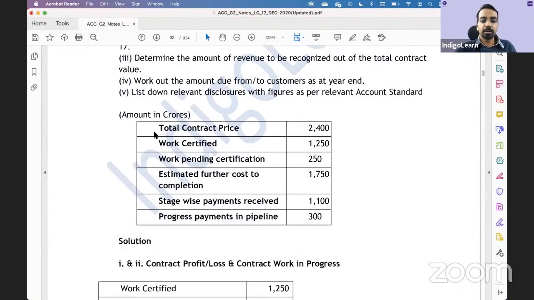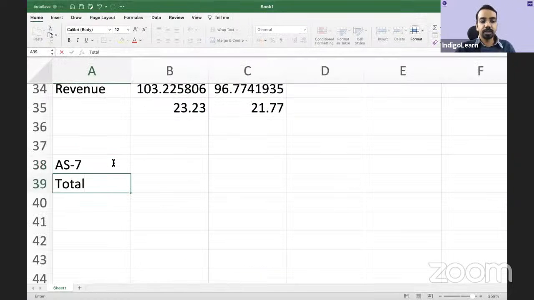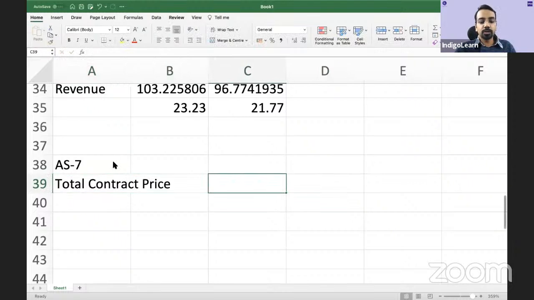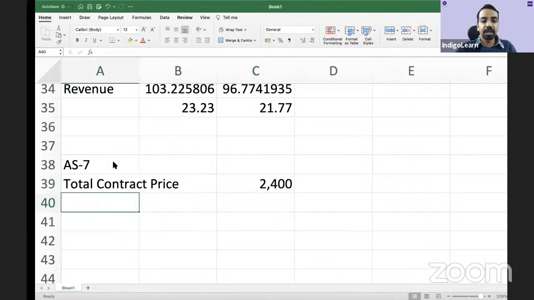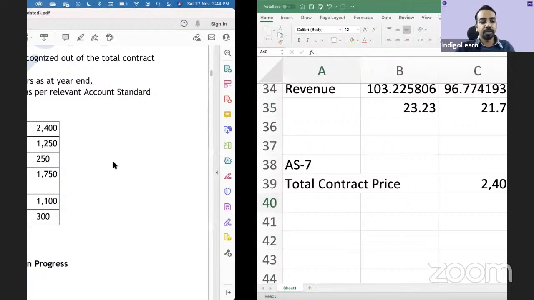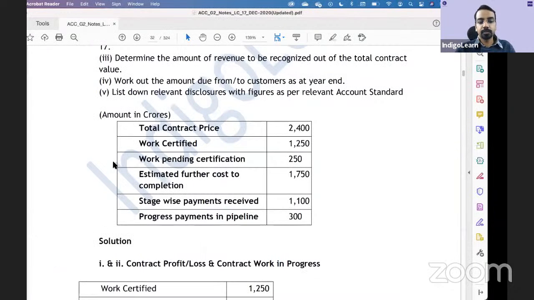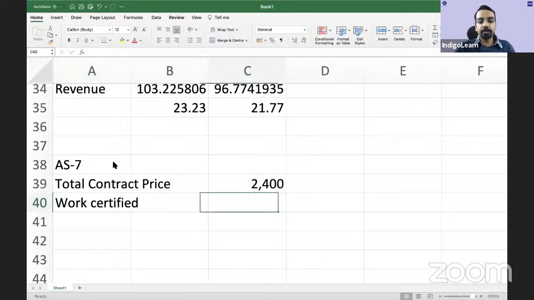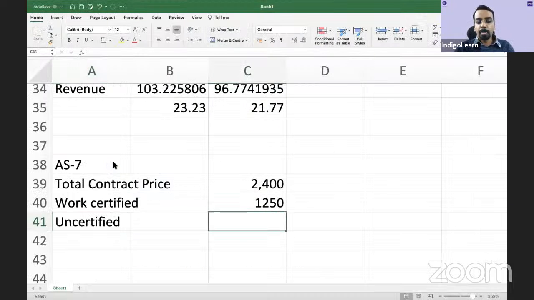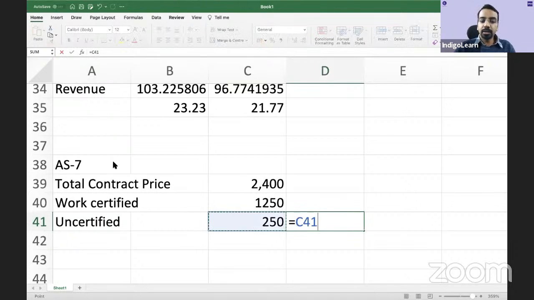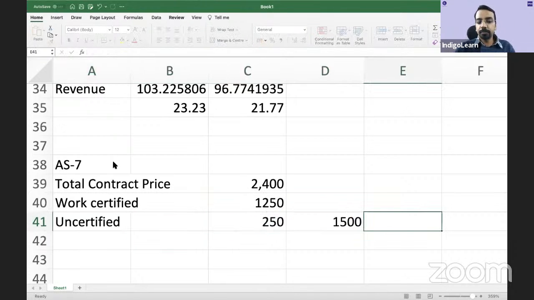So what is there? There is total contract price. Total contract price is 2,400. This is the total revenue that the construction contractor will get over the life of the contract. Then work certified and work uncertified, 1250 and 250. These two are the cost incurred till date.